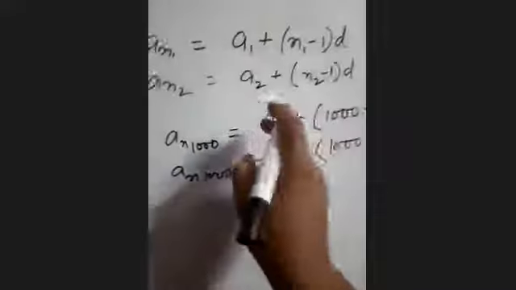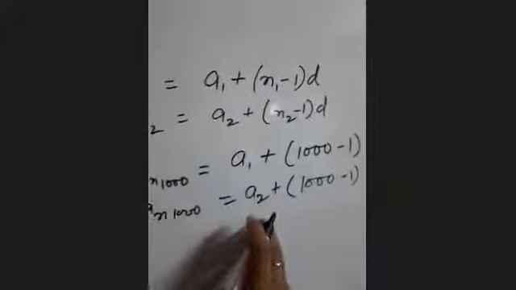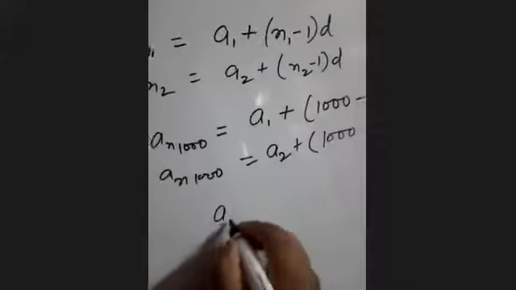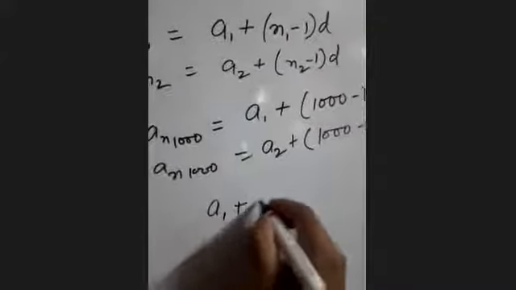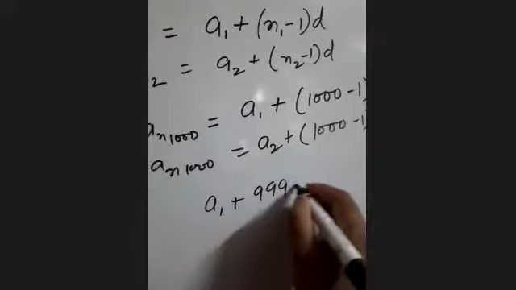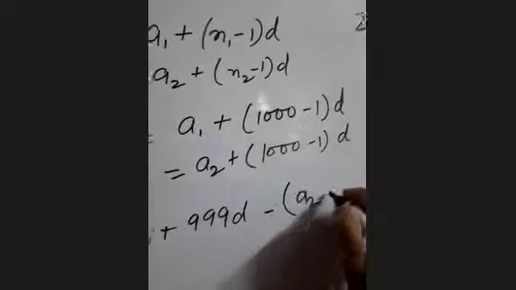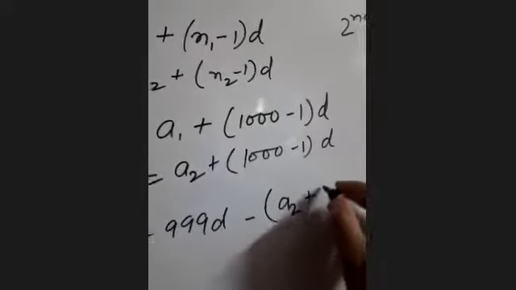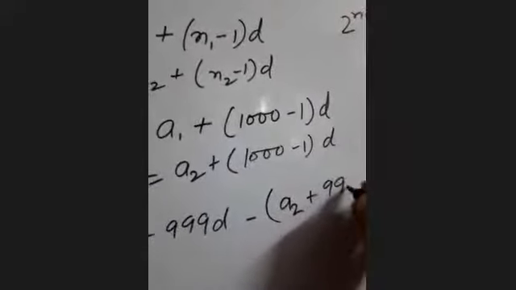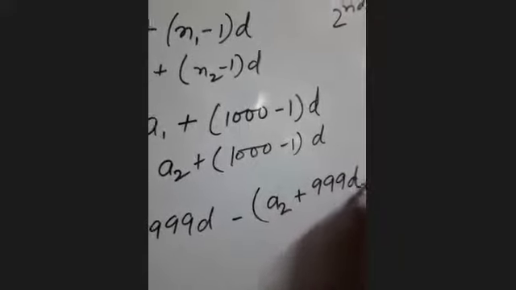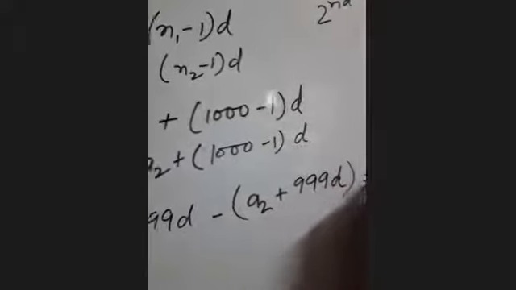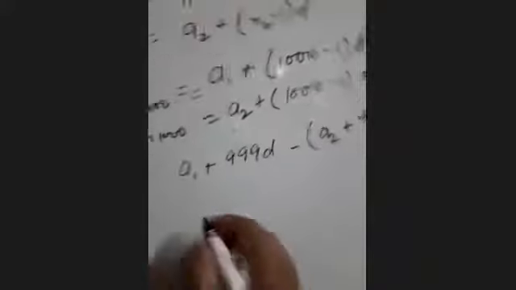So the question is asking about the difference between both the series. So I am taking them in order: A1 plus 999D minus A2 plus 999D, and we need to find this value. So let's solve it.